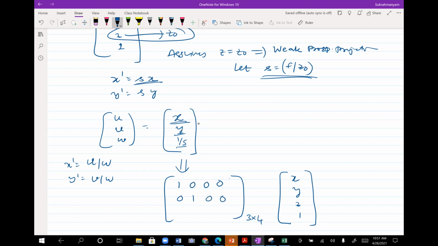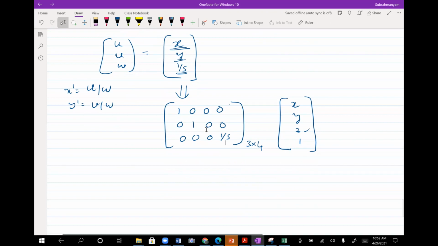Then I should get 1 by S, nothing to do with Z. That's the dependency got eliminated. So that could come now as a multiplication here. And this is referred to as the matrix for weak perspective projection. With that assumption, the modified perspective projection matrix is referred to as the weak perspective projection matrix.